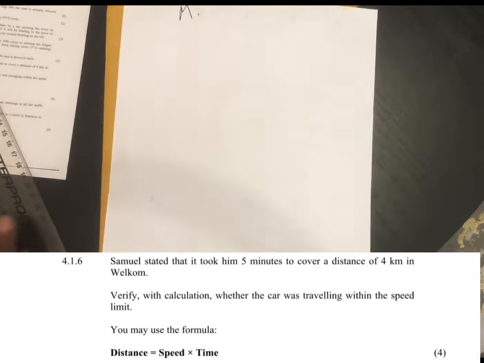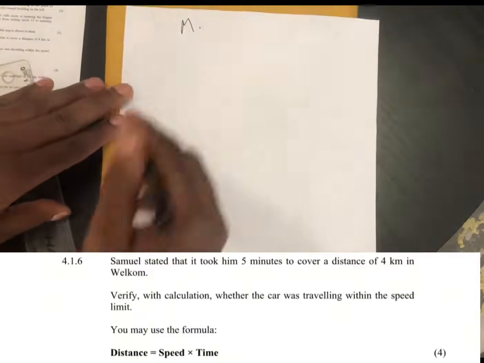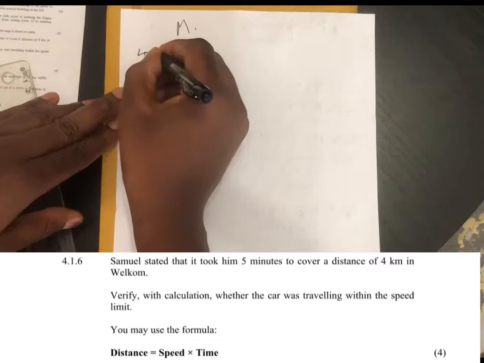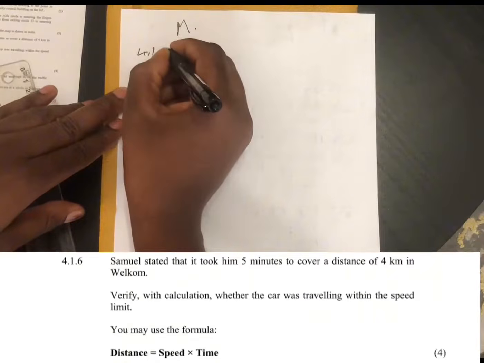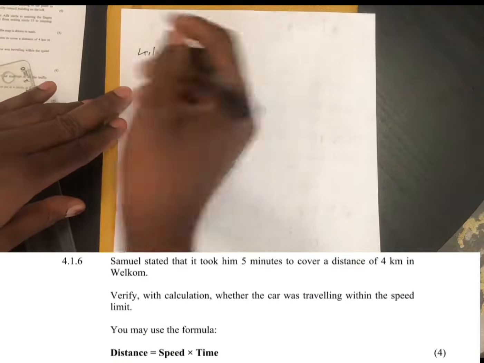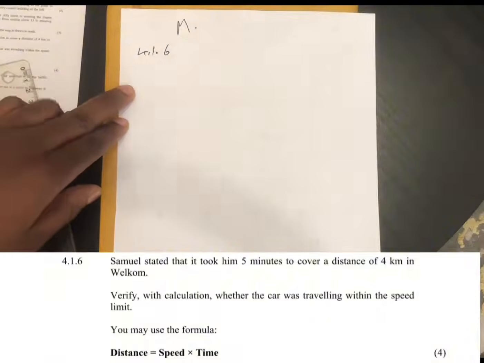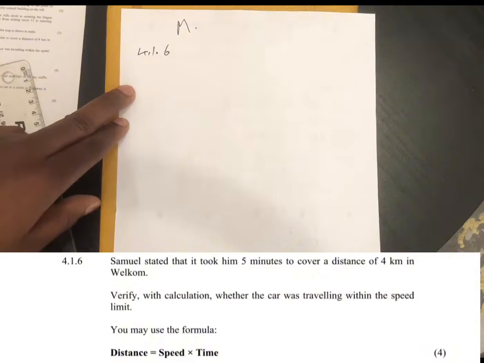The next question is 4.1.6. It says that Samuel stated that it took him 5 minutes to cover a distance of 4 kilometers in Welcome. Verify with calculation whether the car was traveling within the speed limit.